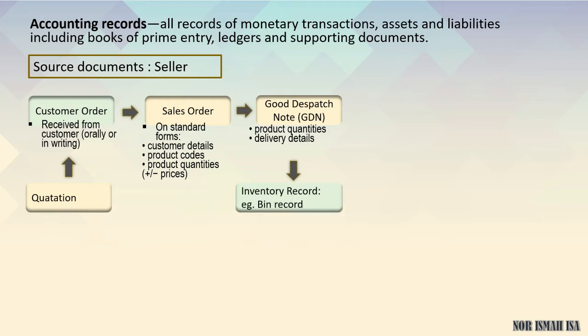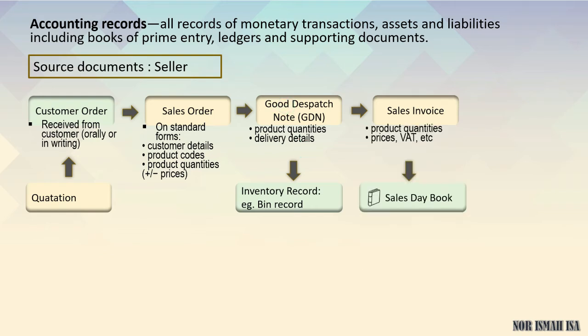When goods have been delivered to the customer, the inventory record should be updated and decreased in the bin card. After the customer receives the goods, the seller will send a sales invoice to state the amount to be paid to the seller.